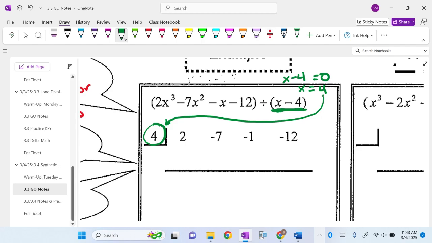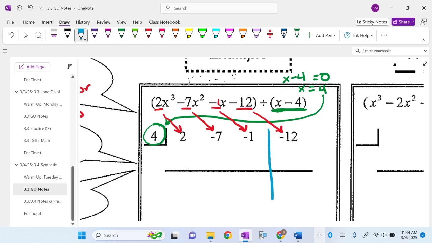Now, the coefficients of all of our terms here, so all the numbers in front of our variables in the dividend, or what we're dividing into, they listed here. Now, when I do synthetic division, I like to draw a line before the last number.